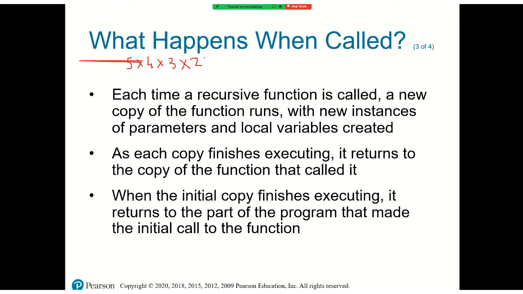Then 2 times factorial 2, then 2 times factorial 1, then 1 times factorial 1, and then a final 1 because it becomes 0. So n equals 0 means factorial 1. So that should be your result here. That's what happened with the function. So that's how it calculates.